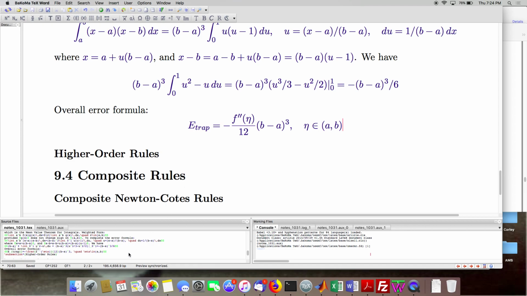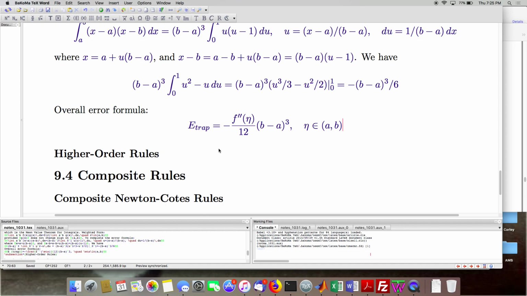Okay. So questions about how the error was obtained? Since the error is negative, are we taking the absolute value? Well, yeah, generally you would take the absolute value because you care how big the error is.